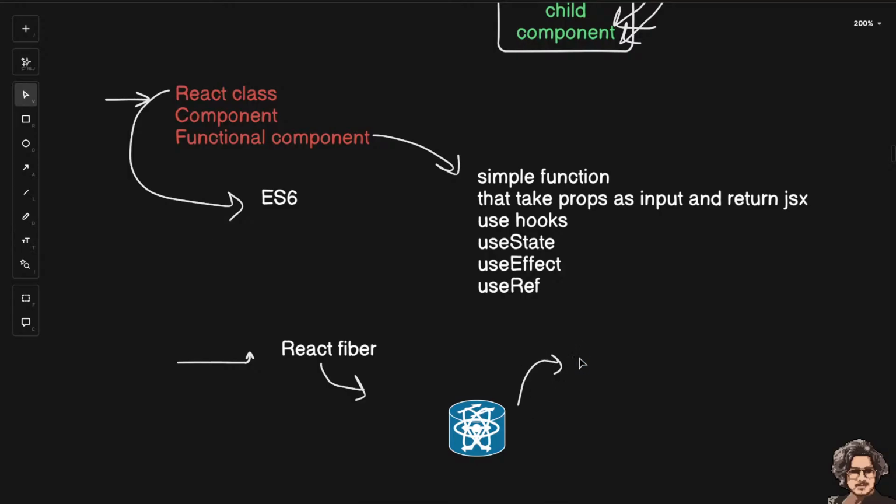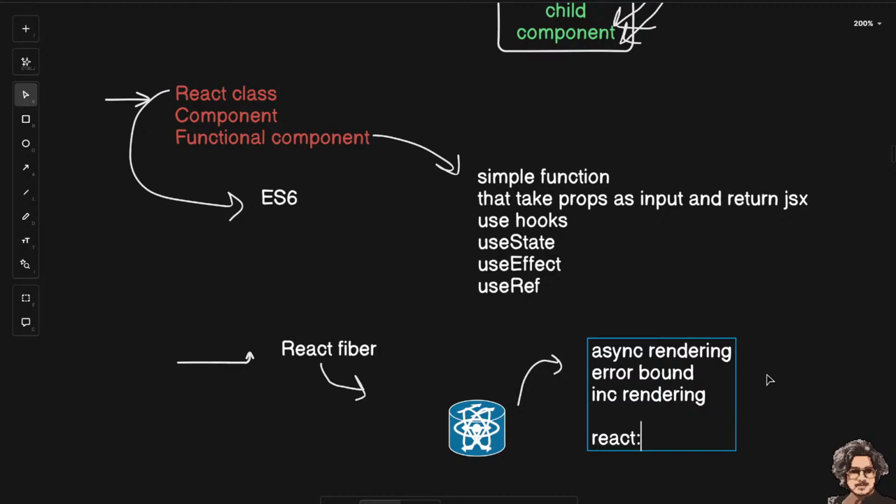These features are async rendering, error boundaries, and incremental rendering, processing work in smaller chunks, allowing React to pause, abort, and prioritize as needed.